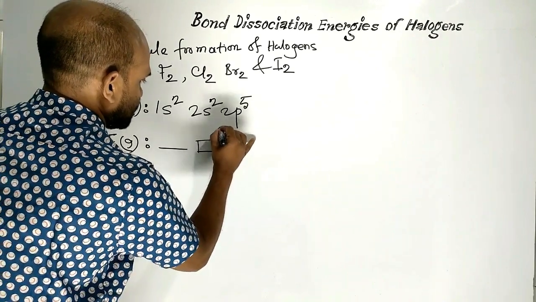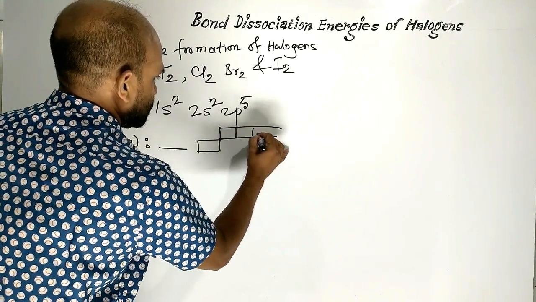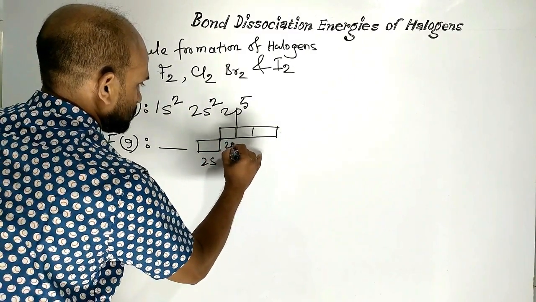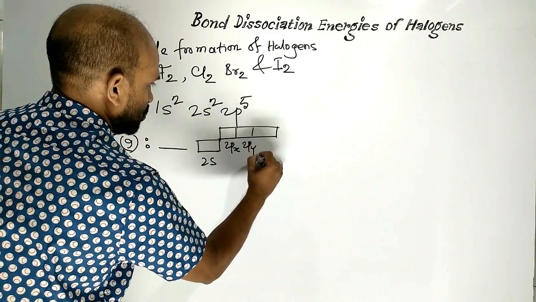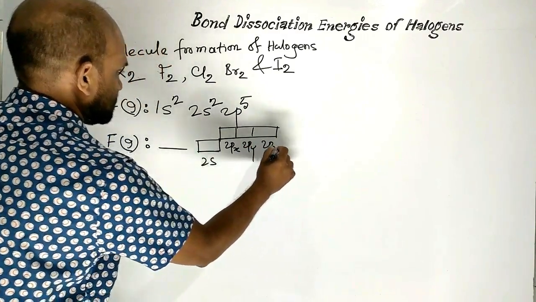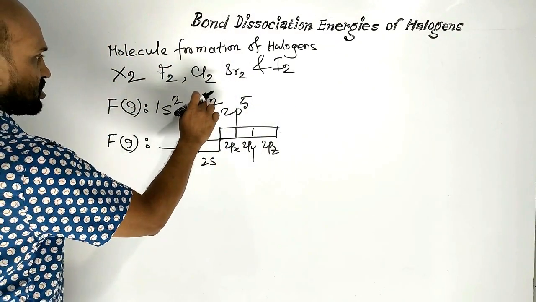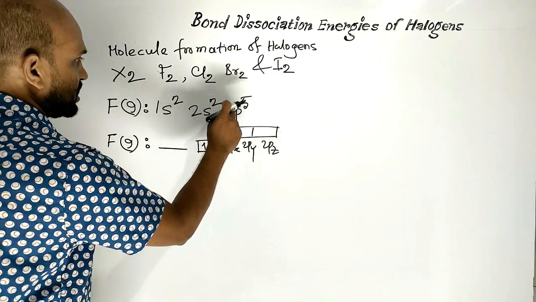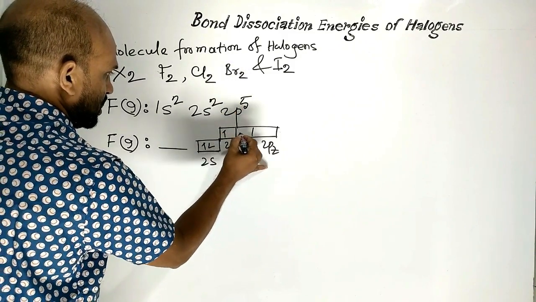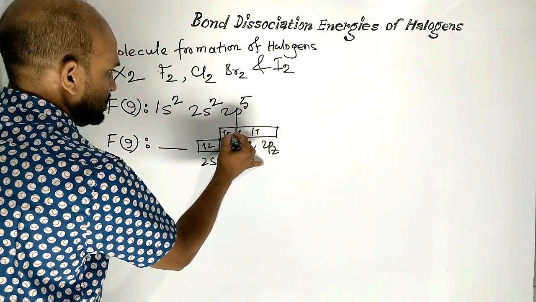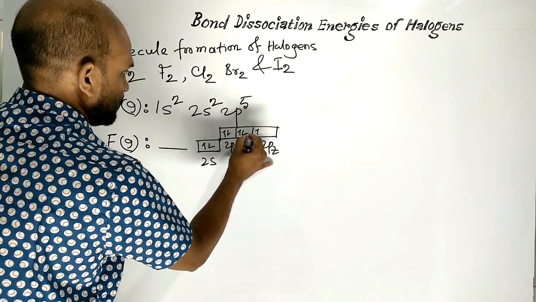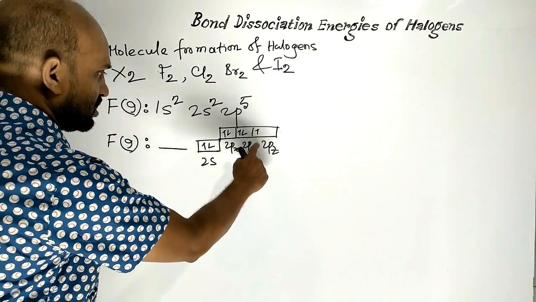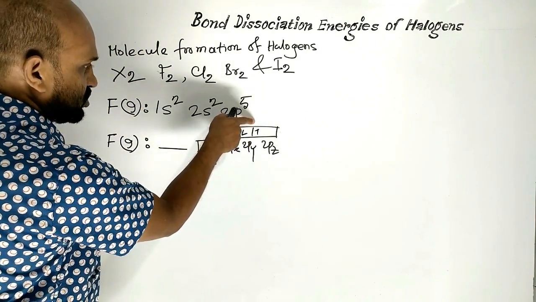Outermost electronic configuration: this is 2s, 2px, 2py, 2pz. The 2s orbital contains 2 electrons. 2p orbitals contain 5 electrons. Here we see that the 2pz orbital of fluorine contains 1 electron.